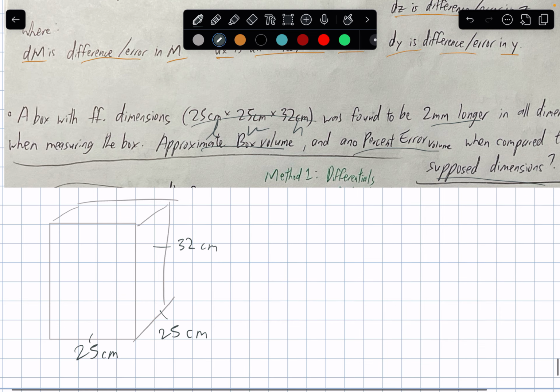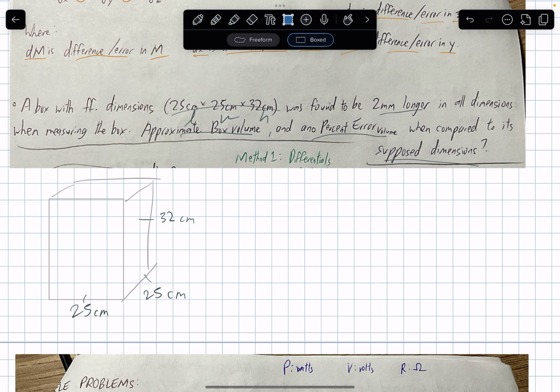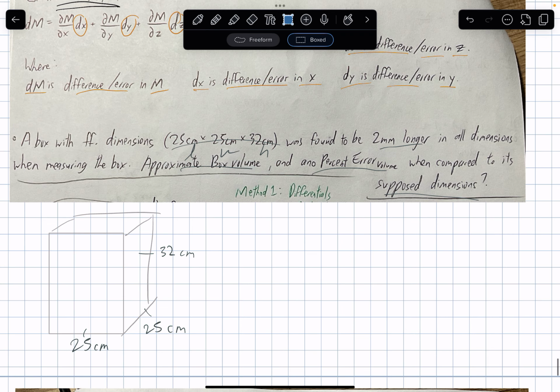Let's see. We'll be solving this question using two methods. We'll be comparing solving through the total differentials with multiple variables, or the other method is going to be using partial derivatives.